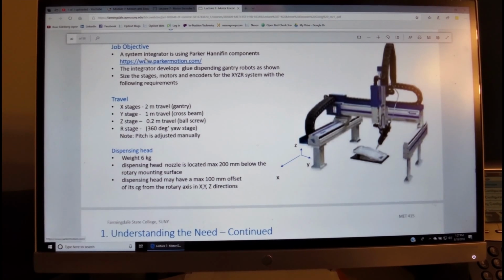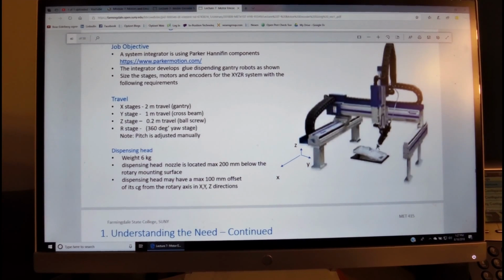So we have here the specification of the kinematics. The travel is 2 meters long on the X direction, 1 meter long on the Y direction, and 200 millimeters on the Z direction. Plus we have a rotational on a yaw of 300 degrees, and then the pitch is going to be fixed for the application.